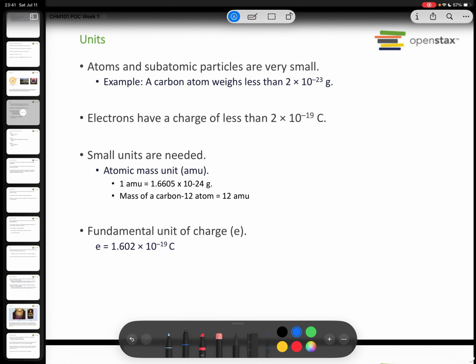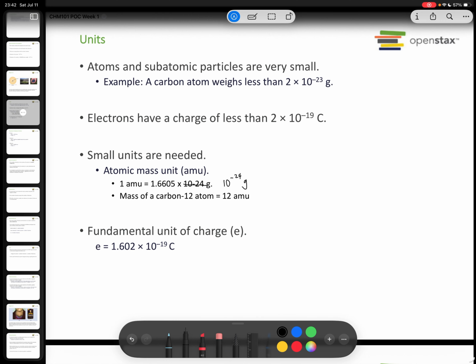For mass, we use the atomic mass unit, or AMU. 1 AMU is equal to 1.6605 times 10 to the negative 24. Dapat naka-raise yan. Let's rewrite this first. So ito ay times 10 to the negative 24 grams.